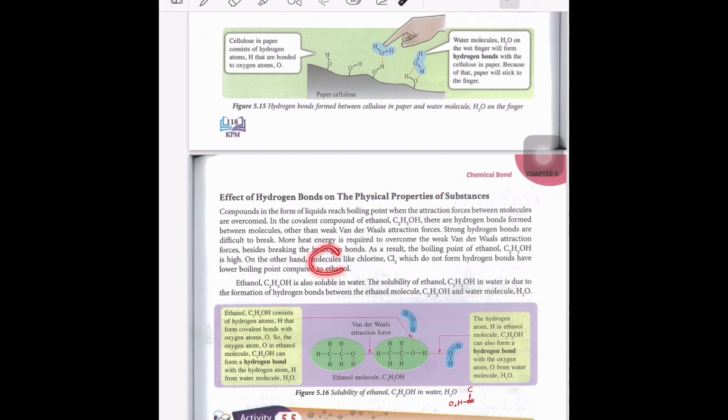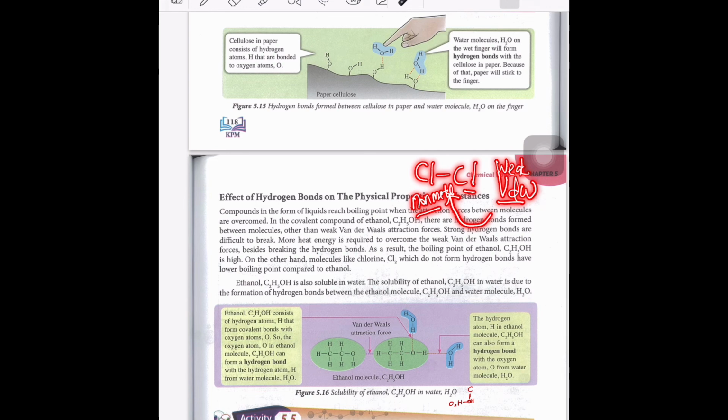So, molecules like chlorine ni kan non-metal. Jadi, dia ada force of attraction juga bah. Tapi jenis apa? Jenis VDW. Lemah lagi tu, weak. Kan VDW tu lemah, van der Waals tu lemah. Kenapa dia ada VDW, teacher? Sebab ini kan non-metal. Jadi bila non-metal and non-metal combine together, they are going to form covalent compound.